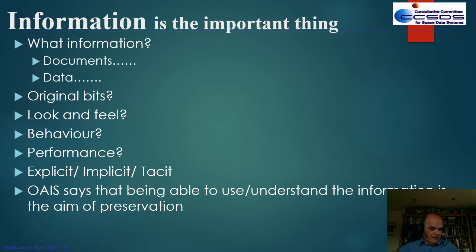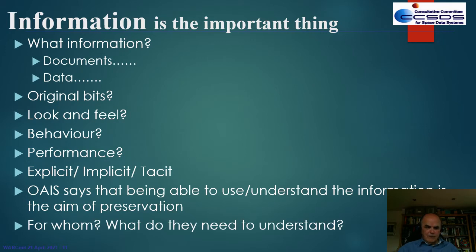So OAIS gives us a way to test whether preservation is successful, basically. Can the information encoded in the bits be understood or used in some way? But of course that comes to the question, understood by whom? OAIS provides a subtle answer, and that involves the designated community, which the repository must decide on and make clear.